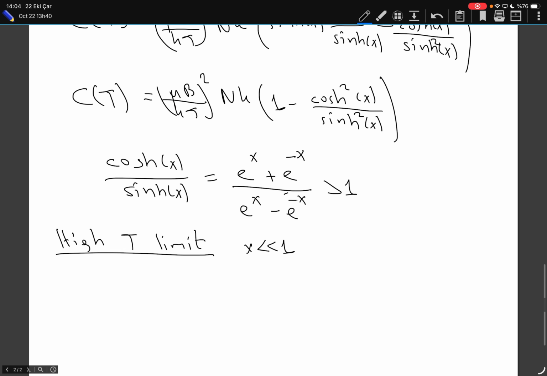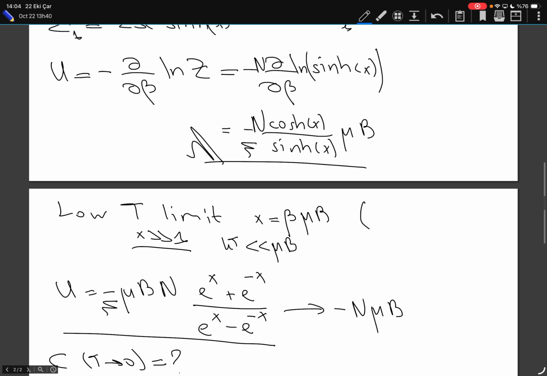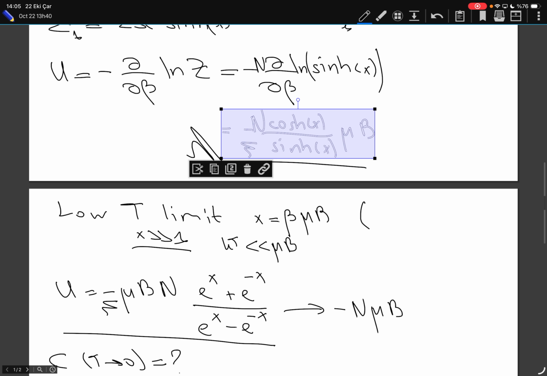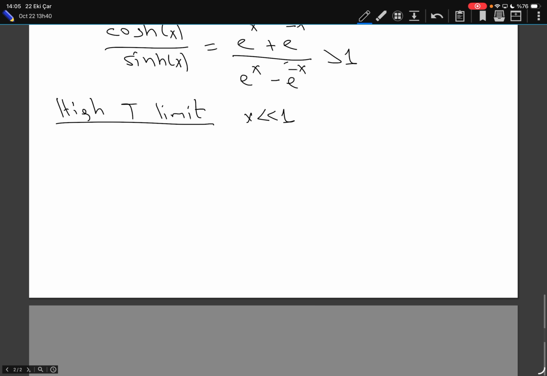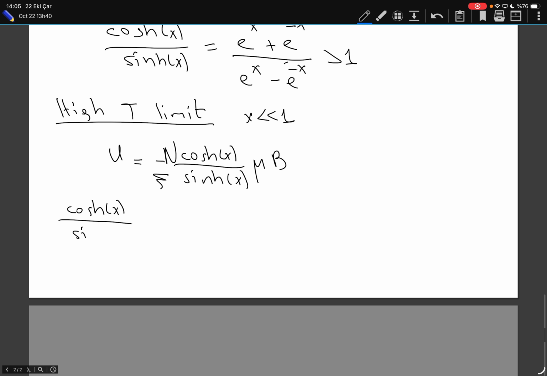Well, let's see that this is u. This is the expression for general u. Well, cosine hyperbolic x over sine hyperbolic x.